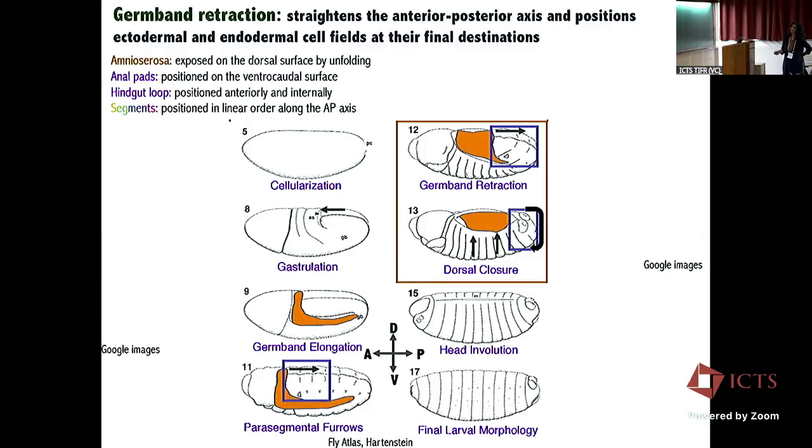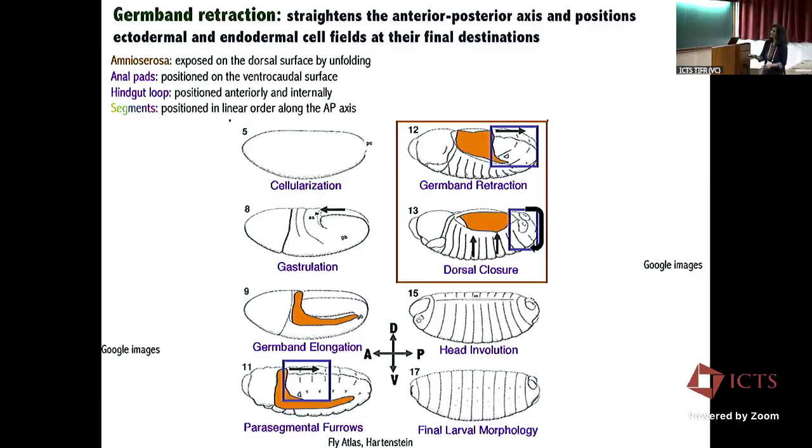This orange tissue here, which is stuck inside the fold of this U-shaped embryo, actually flattens out and becomes exposed on what we call the dorsal side. The anal pads, which are the hind end of the gastrointestinal system in the fly, actually become positioned at the hind end.